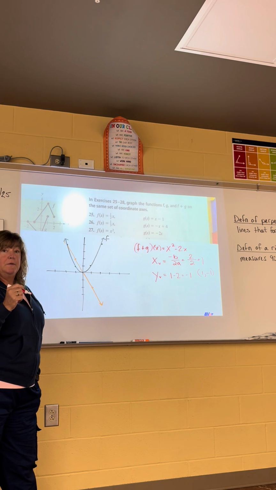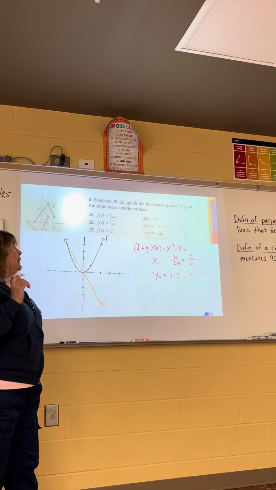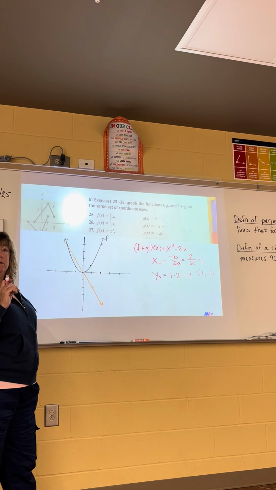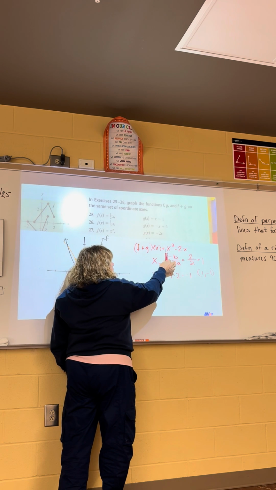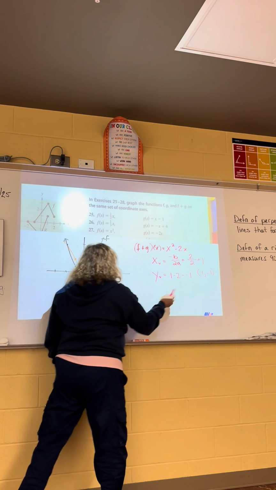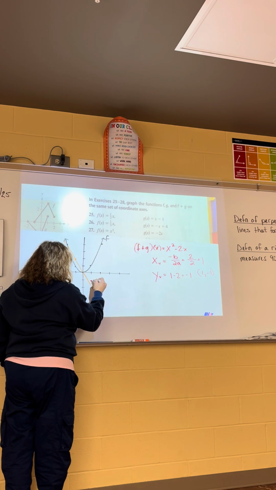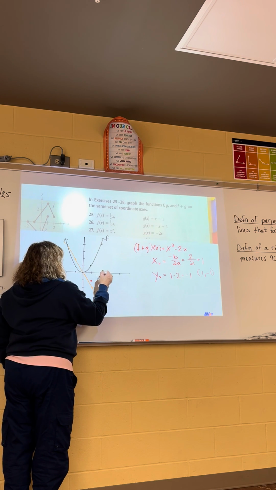Good so far? Is there any stretch or shrink on my parabola? No. There is no number greater than or less than 1 in front of the leading term, so there's no stretch or shrink. So I can plot this point, (1, -1), and use the trick that I showed you. Go up 1, over 1. That's a point on my graph.